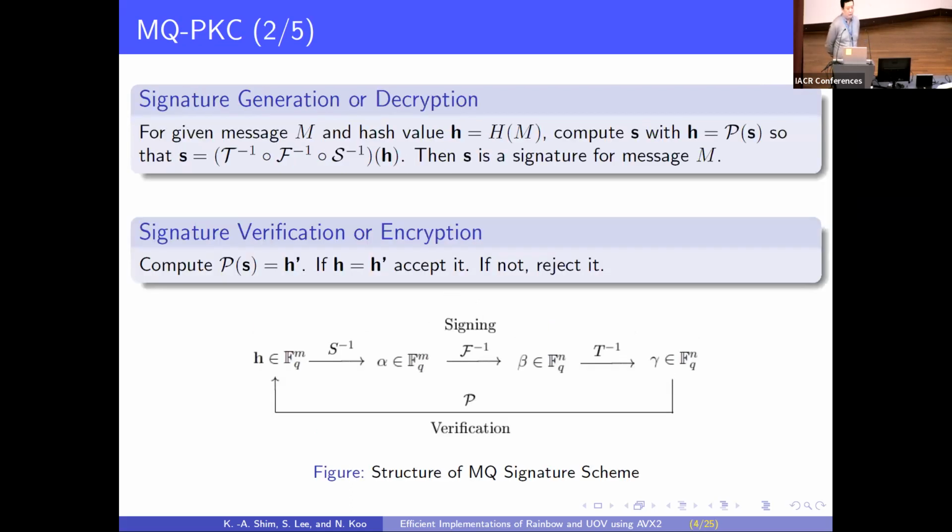To generate a signature for a given message M and hash value H, compute S using this equation. Then S is a valid signature for message M. To verify that S is a valid signature, we compute H prime like this. If H equals H prime, it is a valid signature.